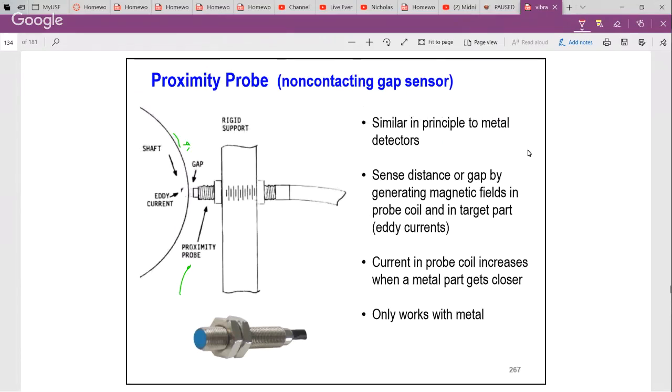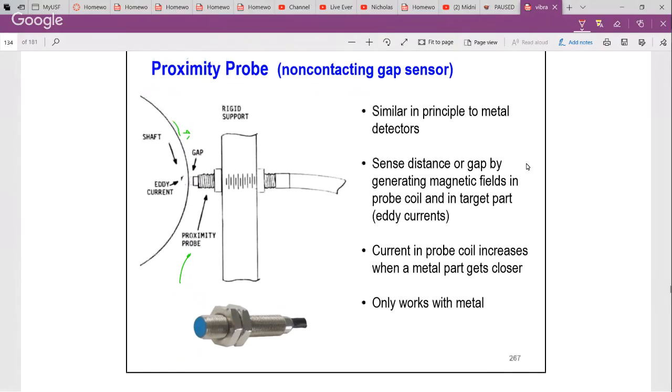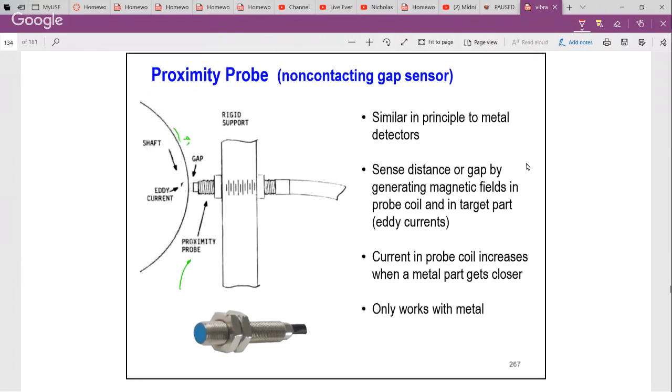So if we know the gap and our prox probe is fixed, that's why we have a rigid support, mounted to a rigid support, then we have a sense of what the rotor or shaft radial displacement is. Right? So again, this is a cross section of the shaft, the rotor spinning, and prox probe.